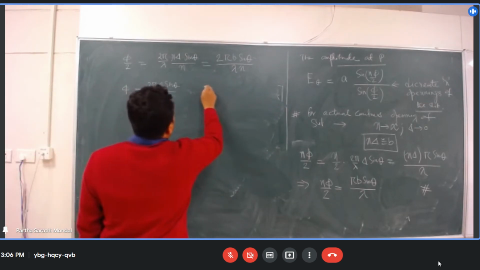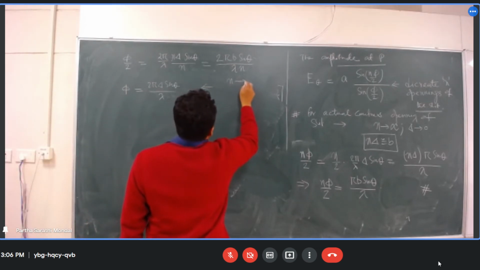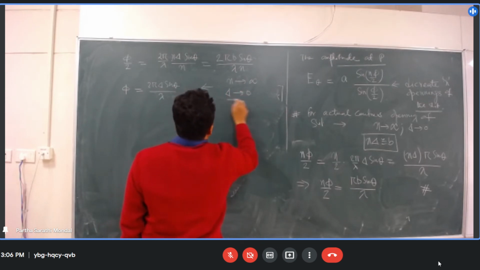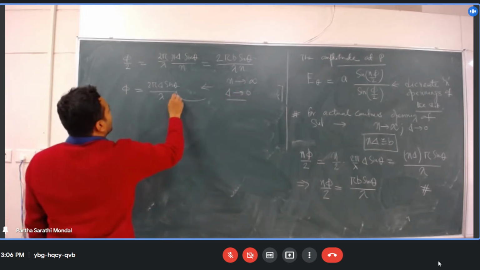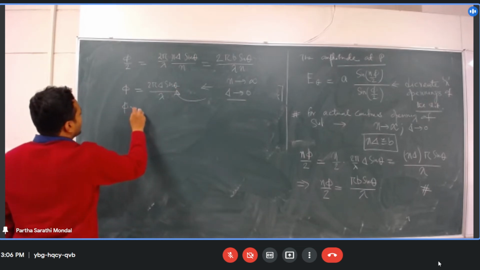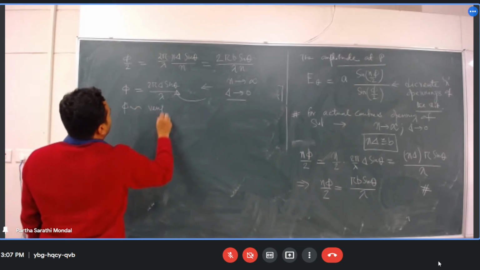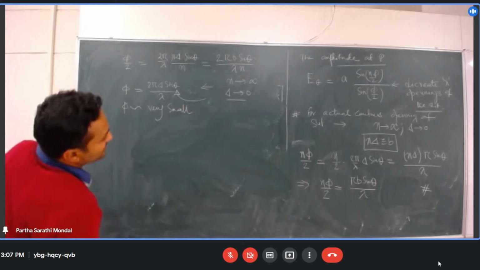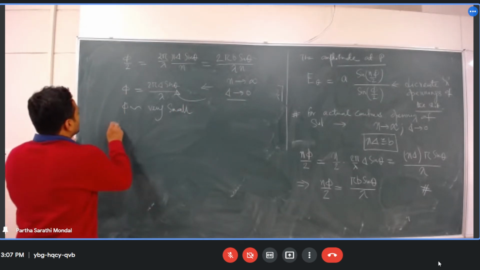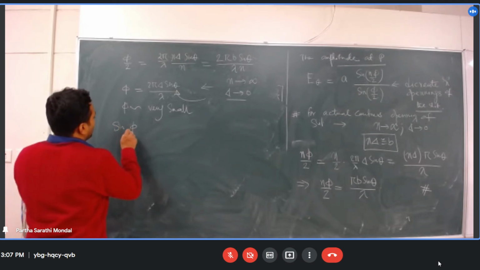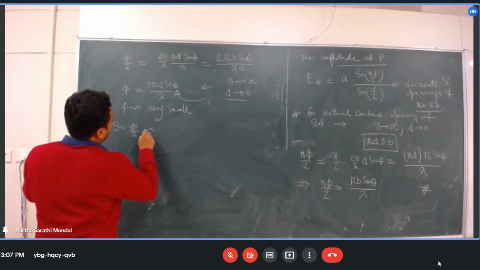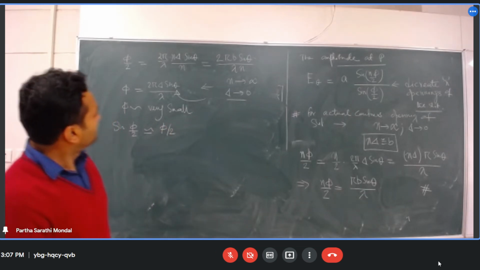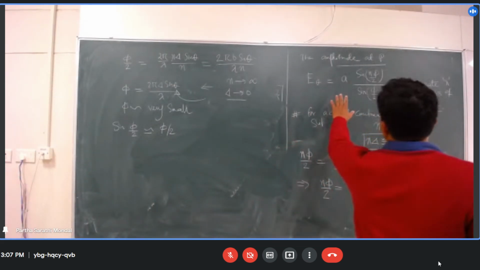Now if I put here n tends to infinity, which is delta tends to 0, that means φ is very small. So you can write sin(φ/2) equal to φ/2. Okay?